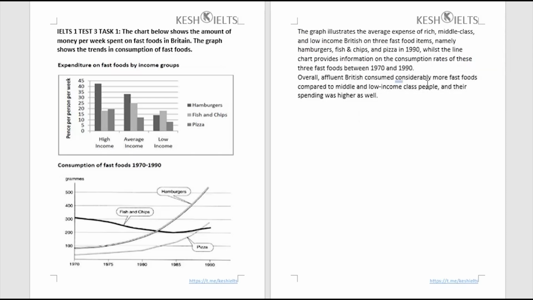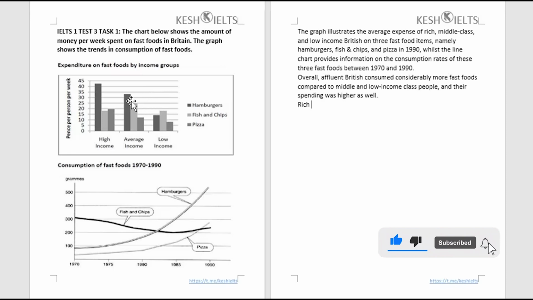Well, I should warn you that it's going to be longer because we have two double charts. It's hard to make it shorter, so I'm going to write a larger task one in this case. So rich, let's start with this one.